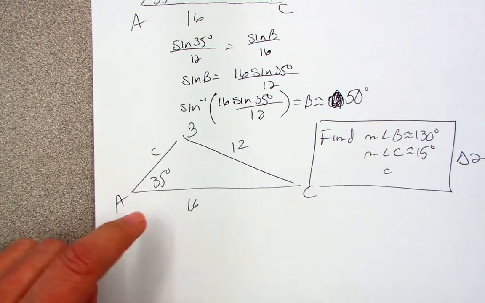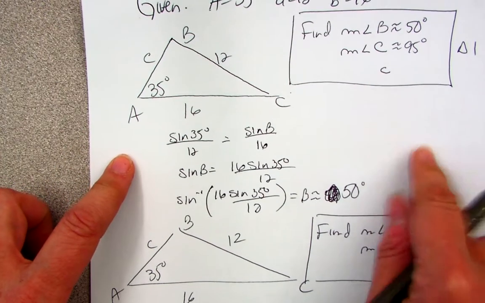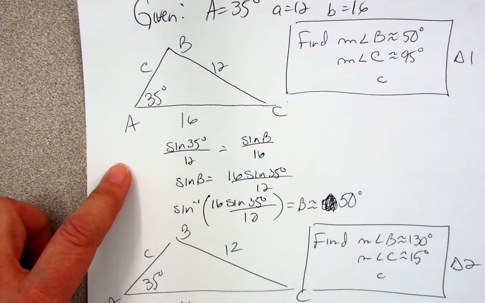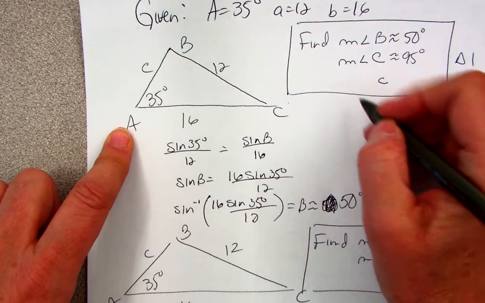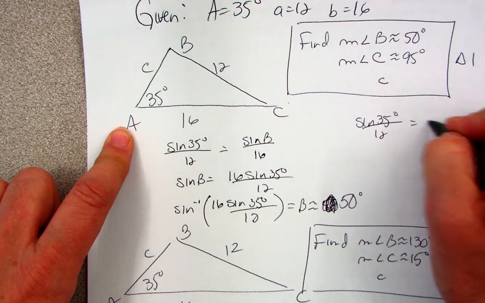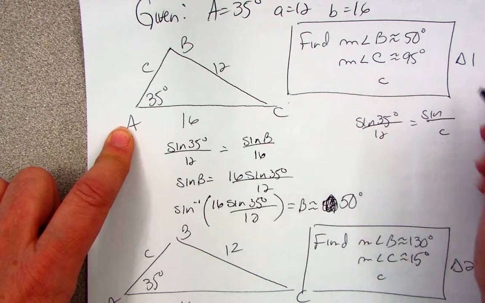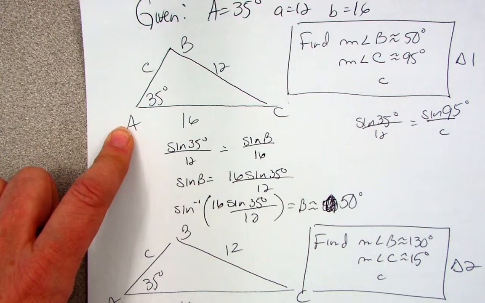So now I have to go find side C here and side C here. I might as well finish this guy up. So again, these are the exact ones. I'm going to use A, sine of 35 degrees over 12. I have to find side C, so I use sine of angle C, and in this triangle, it's 95 degrees.